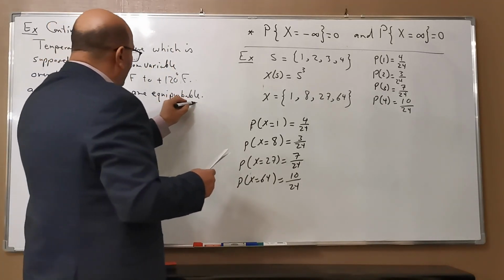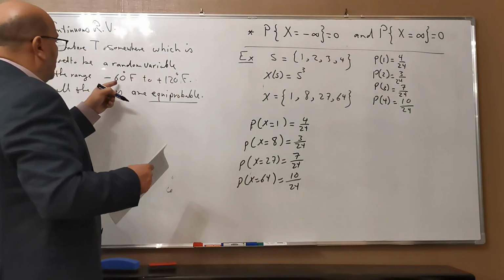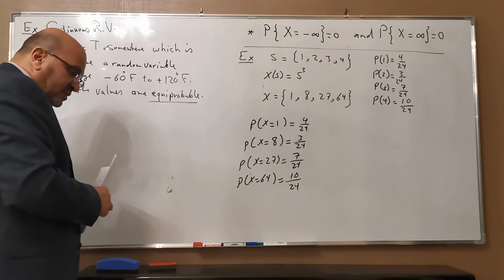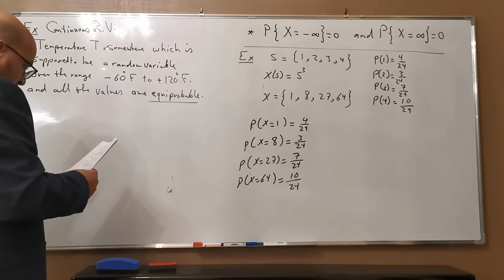They are equiprobable means that all the values inside have exactly the same probability.